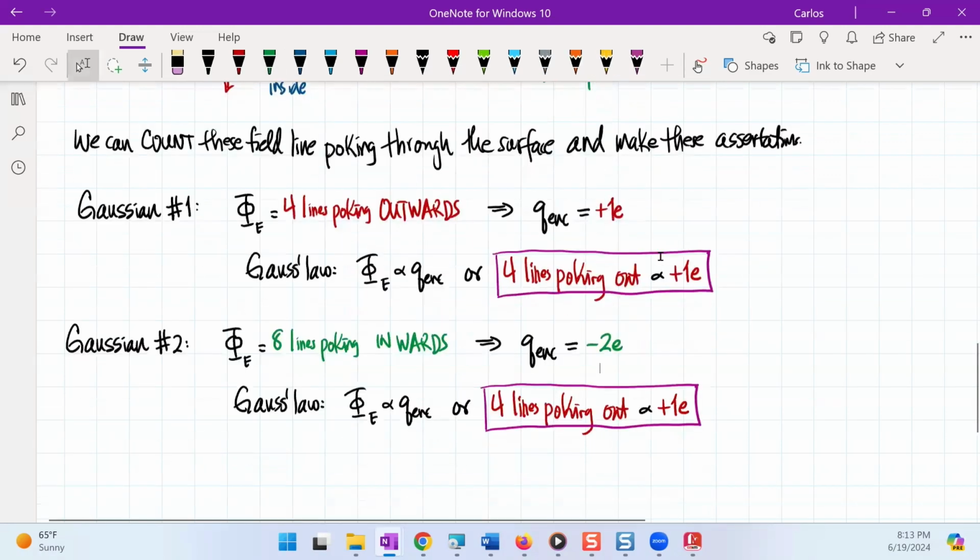And if I use Gauss's law, all this is telling me here is this. It's telling me that 8 lines is equivalent to 8 lines poking in, and this is equivalent to minus 2e.